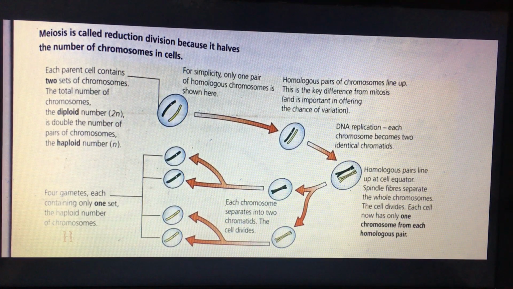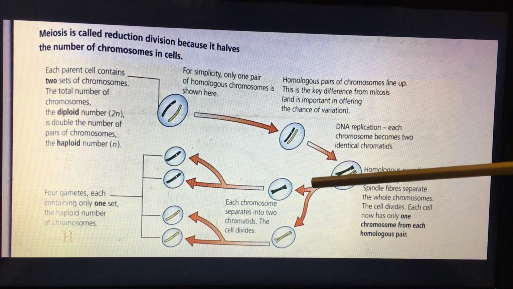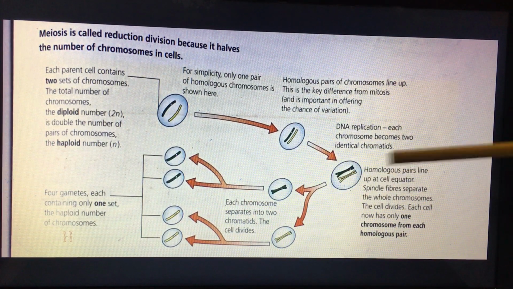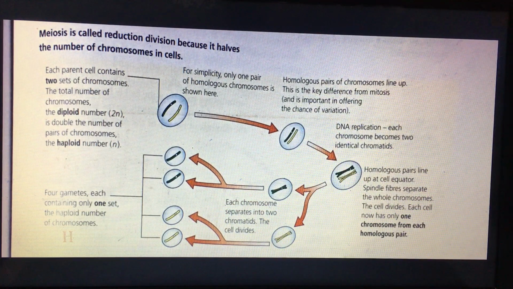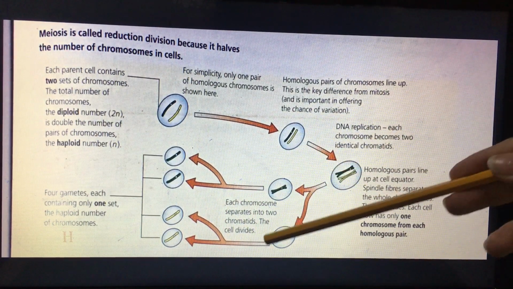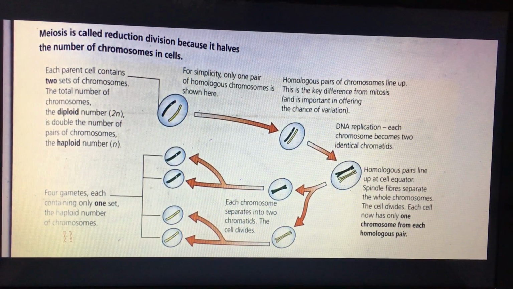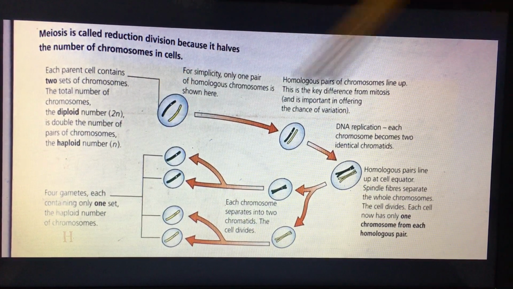Here, spindle fibers separate whole chromosomes. So when the cell divides, the spindle fibers shorten and they separate all the chromosomes. So the cell divides, and each cell now has only one chromosome from each homologous pair. So we have two chromosomes.